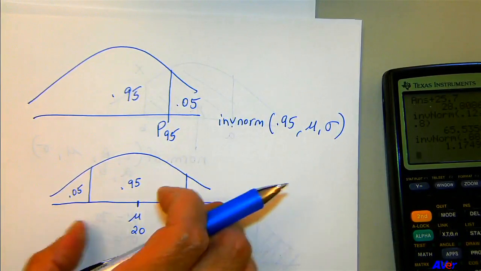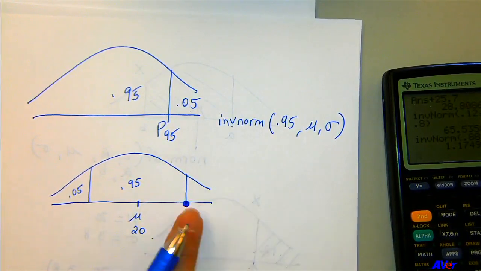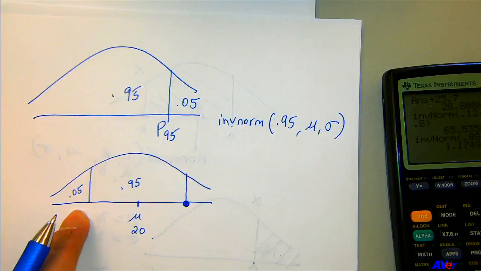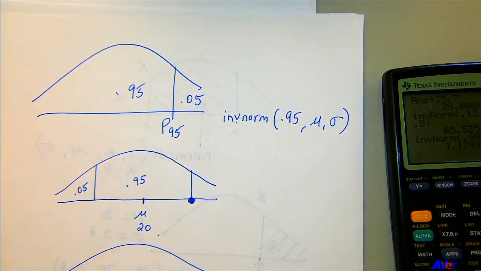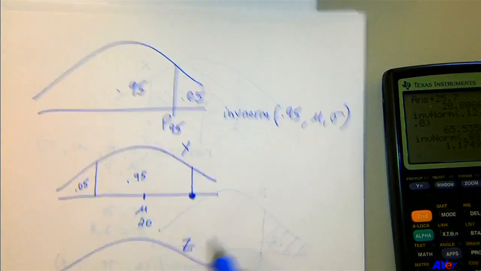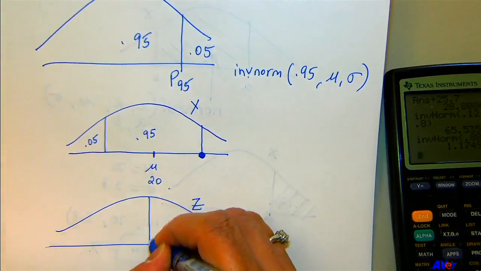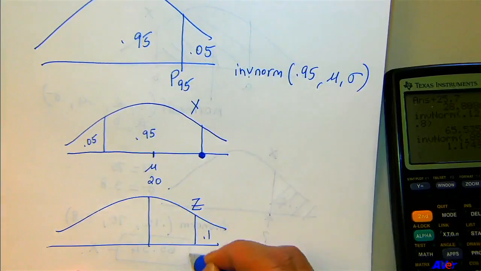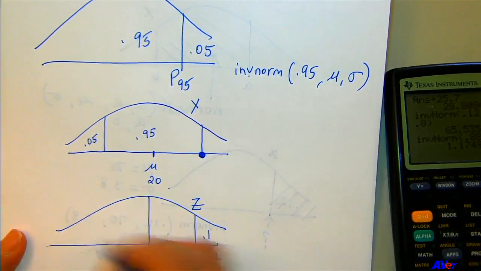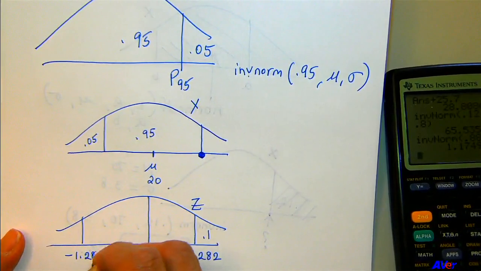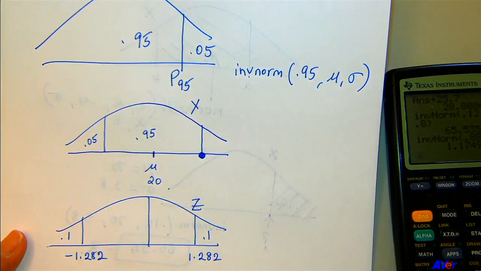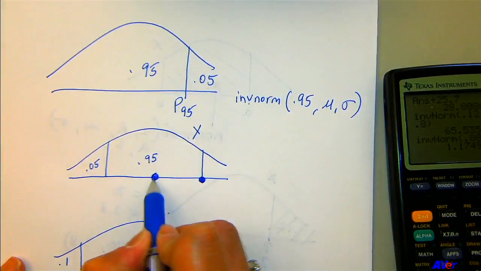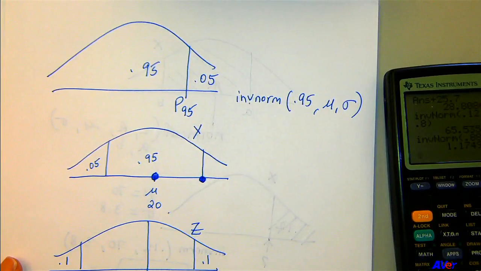This will be symmetric about 20. So you can't just take the negation of this and put it here. In the case of z, you can. If this is z, you can say this is 1.282, and therefore this is minus 1.282, right? But once you convert it to x, that doesn't work, because this x is symmetric about 20, not about 0. So you have to be careful there.